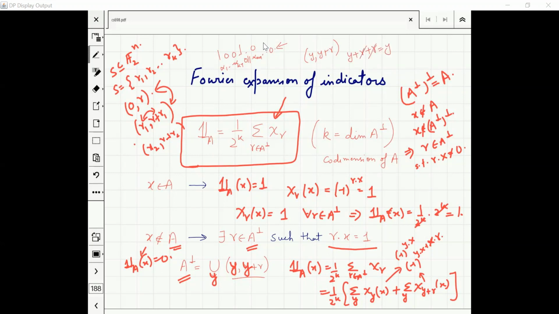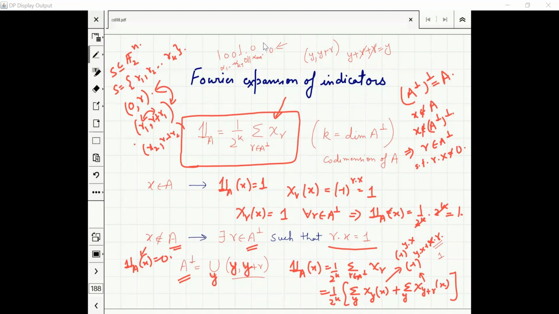Canceling out, you meant in the bottom? Yes, that is what I said. If you look at these two elements, chi of y is minus 1 to the power y dot x. And I know that x dot gamma is 1, so it will change the sign.